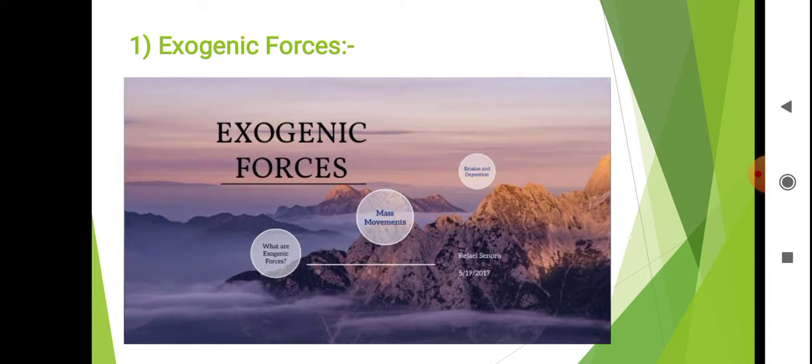River, wind, glacier, and sea waves are the chief external agents which change the landform through the processes of gradation, degradation, aggradation, and weathering. Student, mass movement, relief, and structure of the earth's surface: overall, these change the landform rapidly.